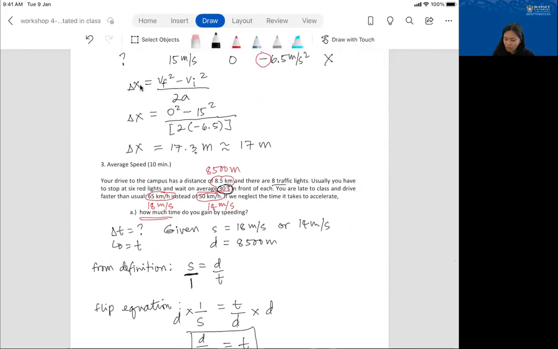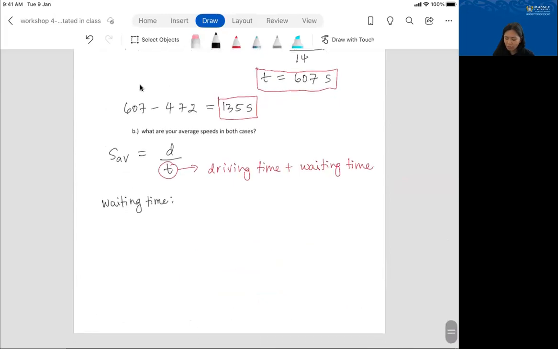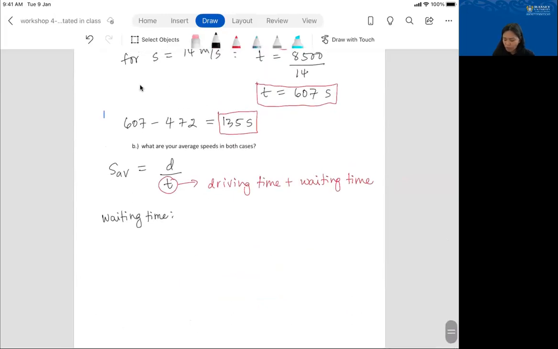There are 8 traffic lights, but you only stop at 6 red lights. So the total waiting time will be 6 red lights times 30 seconds at each red light. That will be a waiting time of 180 seconds.